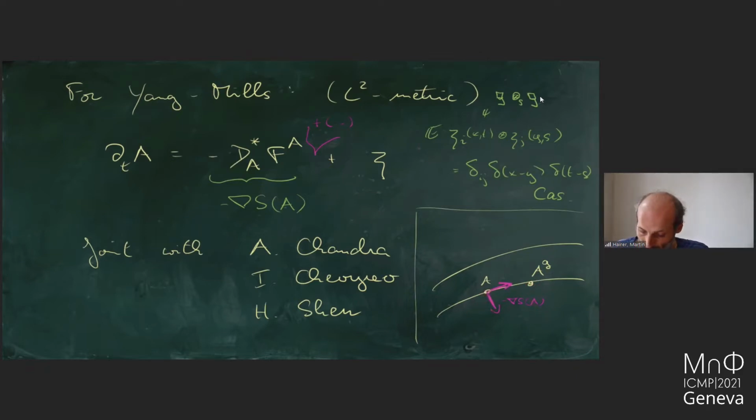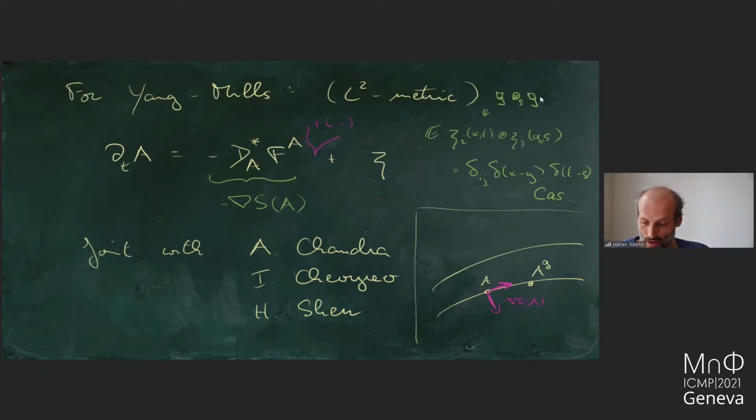If I take the solution to this equation starting from A and apply the gauge transformation G to move it to AG, then in law that's the same as starting the solution to that equation from AG. This can be seen easily by conjugating the whole equation with G, and this term is basically gauge invariant, so conjugation with G is the same as simply turning A into AG in this term.